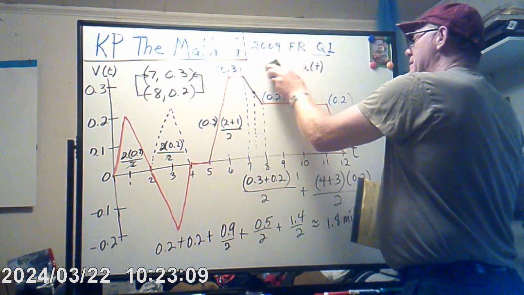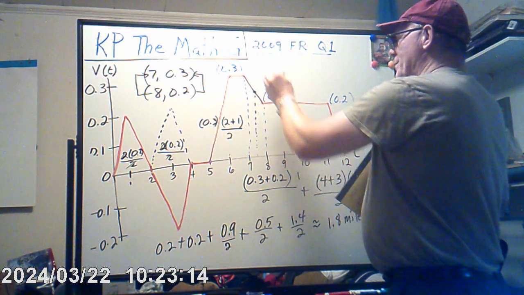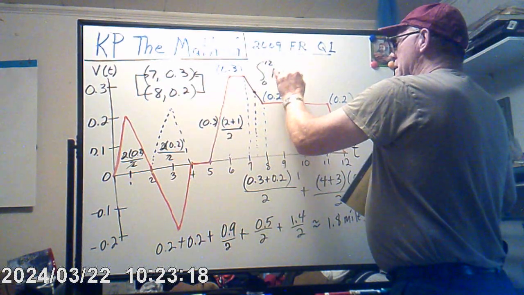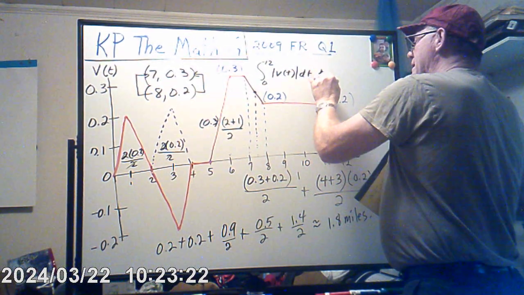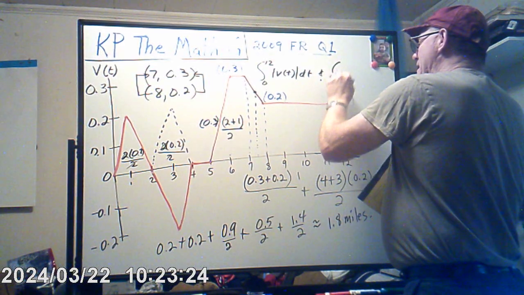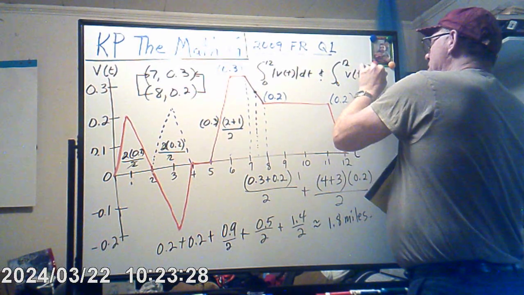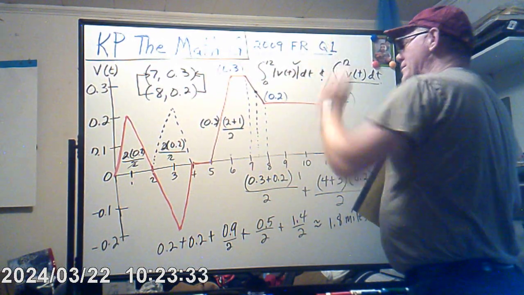Erase some of this, it's starting to overlap a little bit. The difference between this and this are not necessarily the same. We will look at this one later. We looked at this one right now.